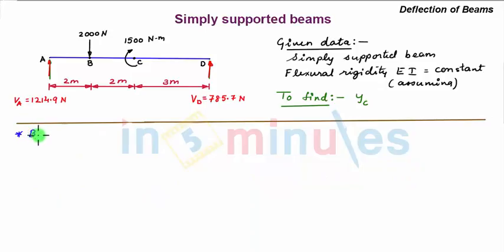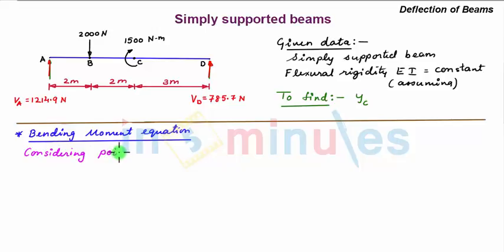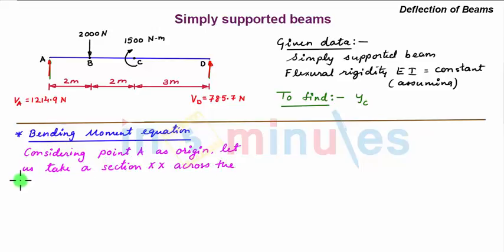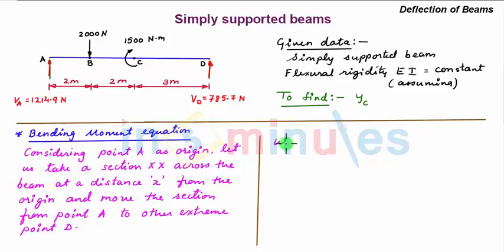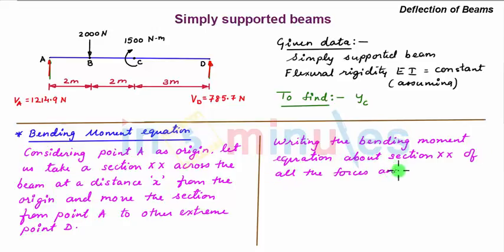Our next step is to write down the bending moment equation. Considering point A as origin, let us take a section XX across the beam at a distance x from the origin and move the section from point A to the other extreme point D. Now writing the bending moment equation about section XX of all the forces and couples in one single equation, that is by Macaulay's method.